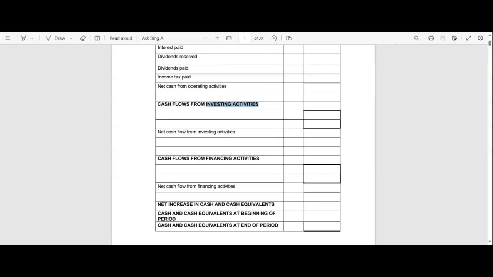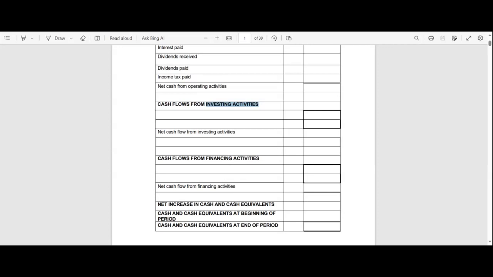So we are not going to describe it as equipment, because that sounds like you are drawing up your statement of financial position, but we would rather call it proceeds on disposal of equipment, or proceeds on disposal of financial assets, or proceeds on disposal of motor vehicles. So that is the one activity where there's an inflow of cash.